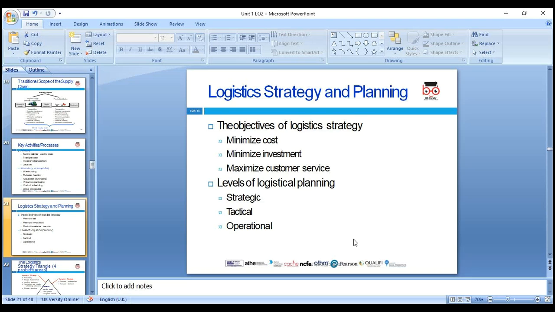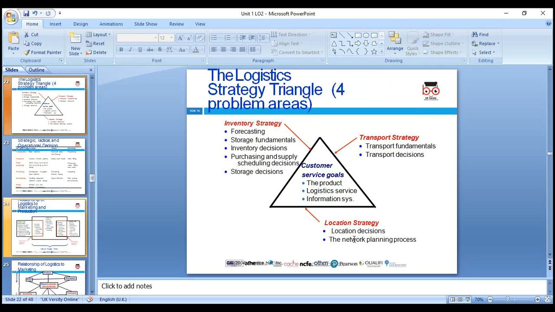The objective of the logistics strategy is to minimize cost, minimize investment, and maximize customer service. That's the maximum level of logistics planning: strategic, tactical, and operational, which we discussed last lesson. Any questions? Logistics strategy is a triangle.